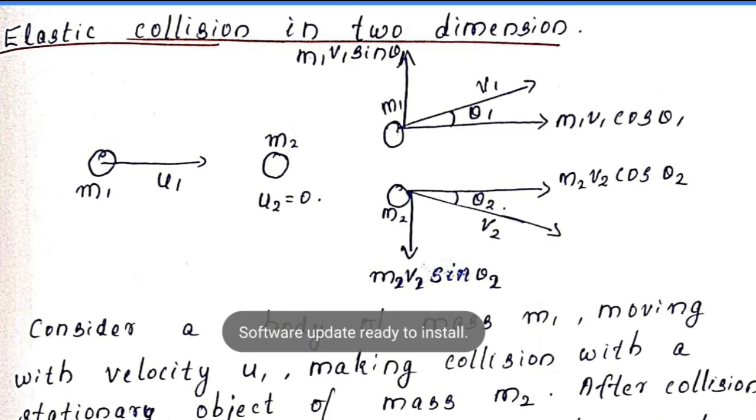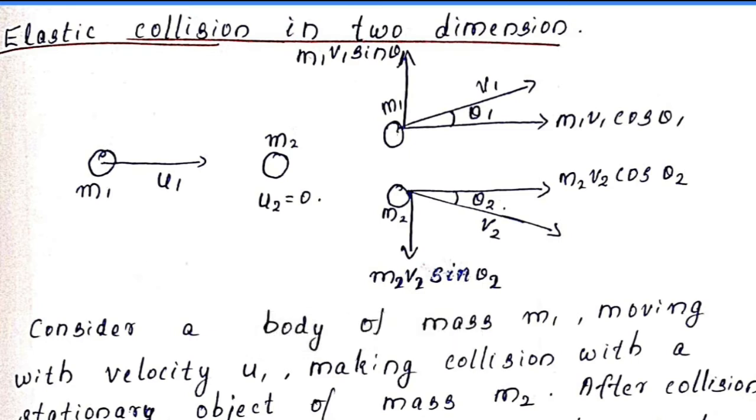You know from mathematics, to obtain four unknowns, we have to frame at least four mathematical equations. In the case of elastic collision in one dimension, we had only two unknowns, v1 and v2. So it was enough for us to frame two mathematical equations and solve.